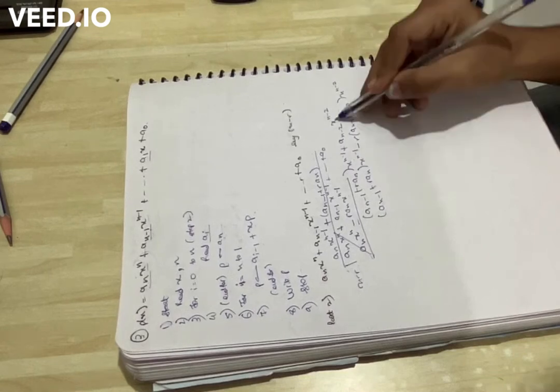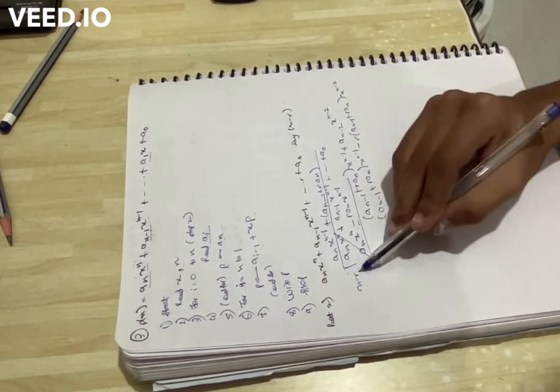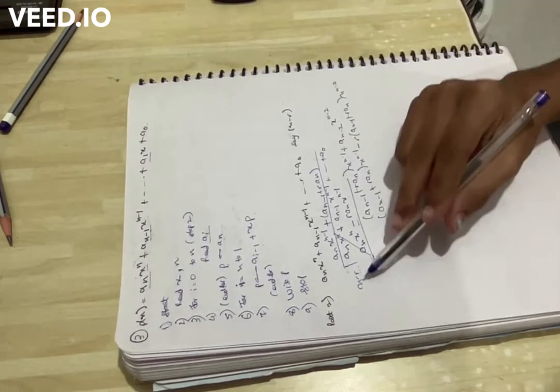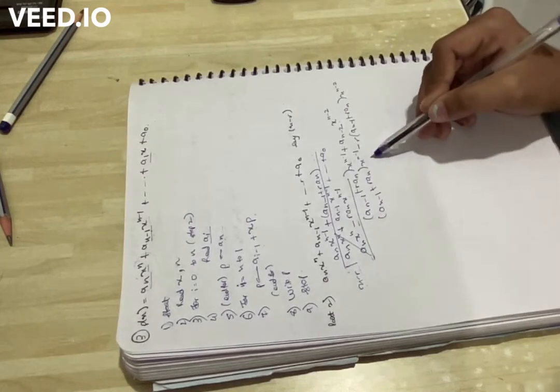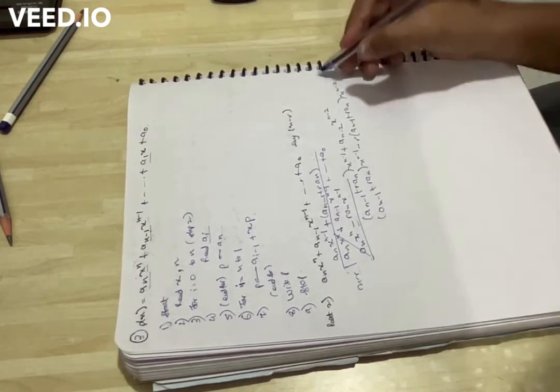X raised to the power n minus 2 will come here, and this value when multiplied by this will give us this, which will be conveniently cancelled out.